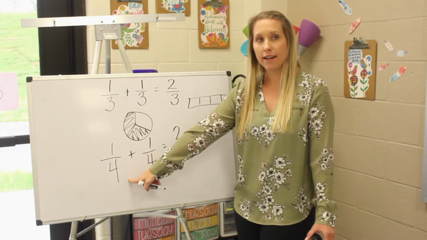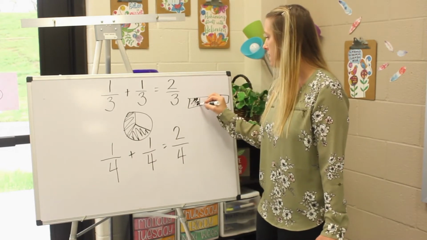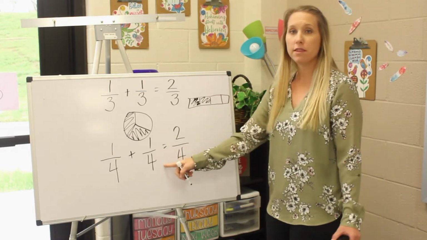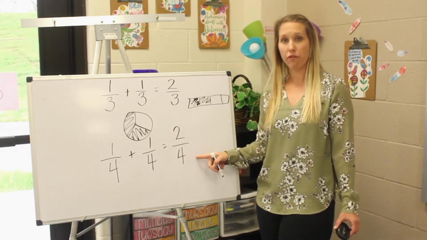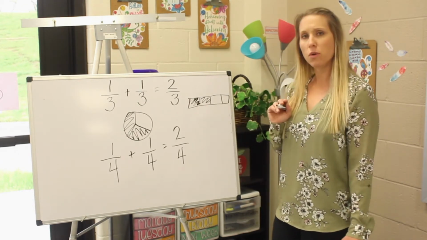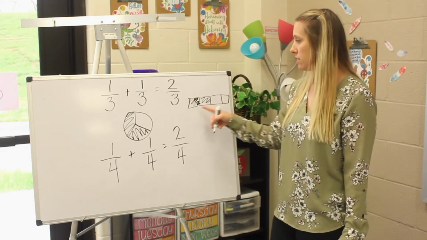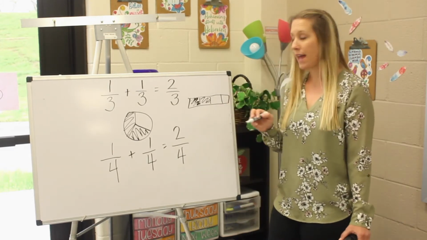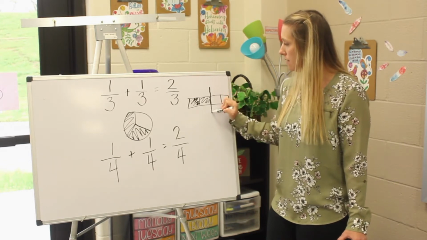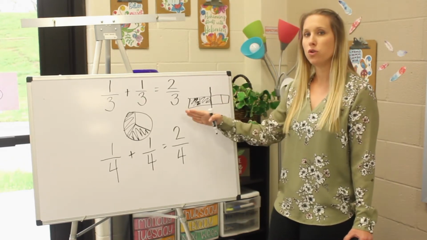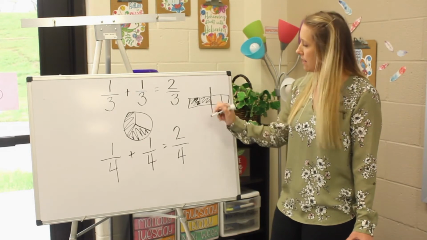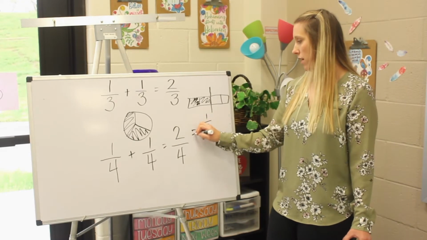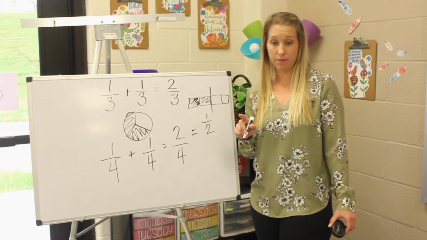Our first add-in is 1/4. Our second add-in is 1/4. When I put those together, I get 2/4. Do you notice any other way we could potentially write 2/4? Did you say 1/2? Look, if I draw a line down the middle, instead of having 2 out of 4 pieces, I can think of it as 1 out of 2. 2/4 and 1/2 are equivalent.